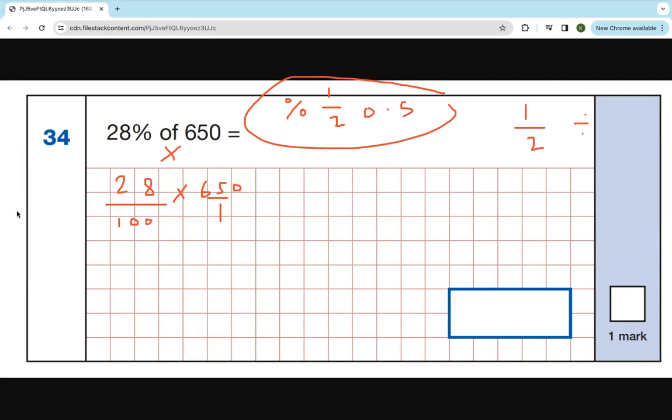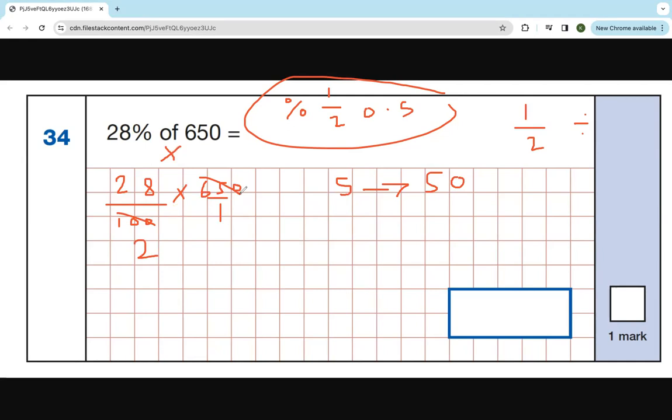Okay, so let's do it. What times tables can we use here? I will use my friendly number 5, and I'm going to times it by 10 and think about 50. How many 50s in 100? Well, there's 2 5s in 10, so there's 2 50s in 100. And then how many 50s in 650?